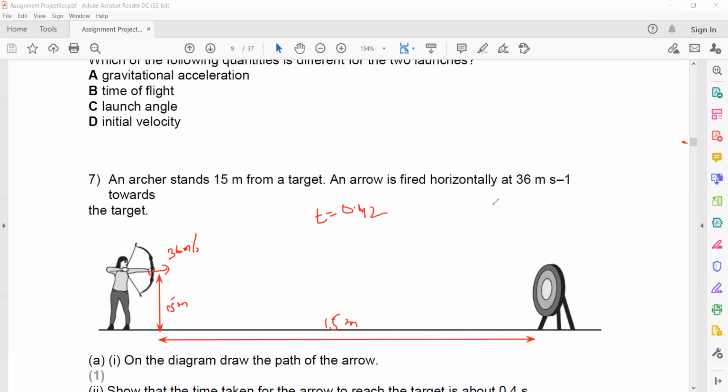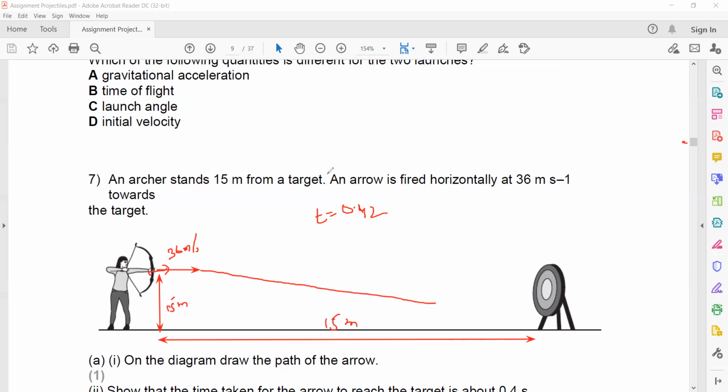We want the height of the arrow above the ground. So first we'll calculate the vertical distance covered by the arrow.